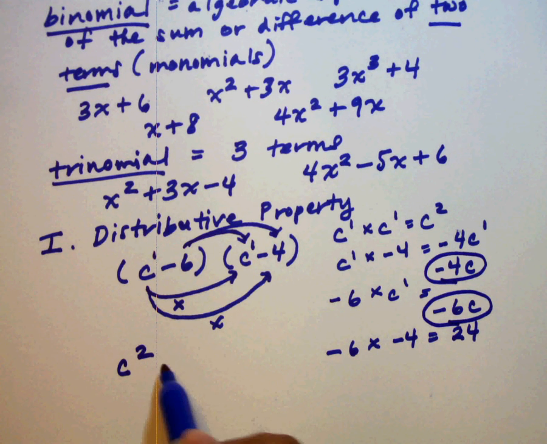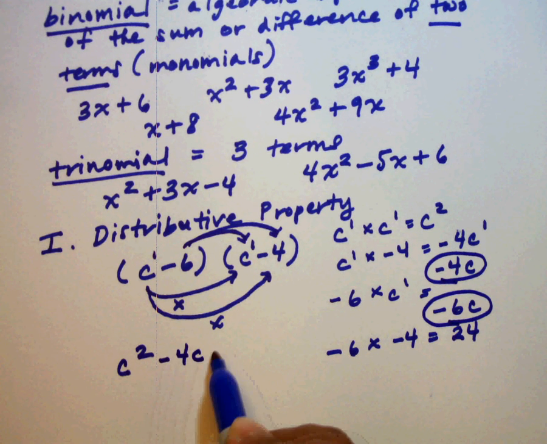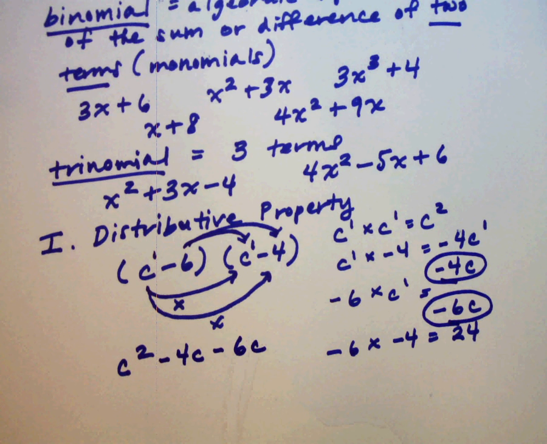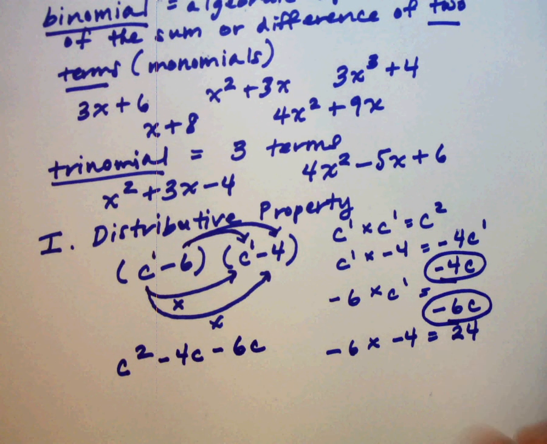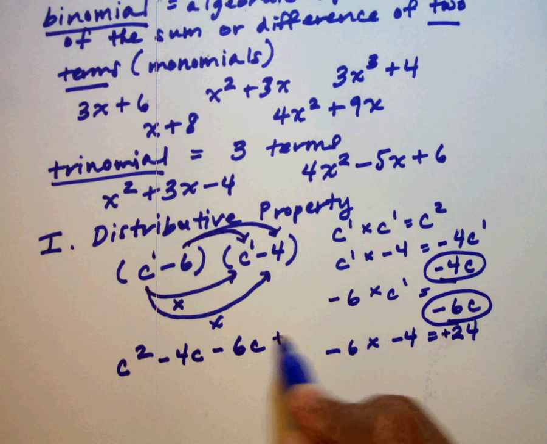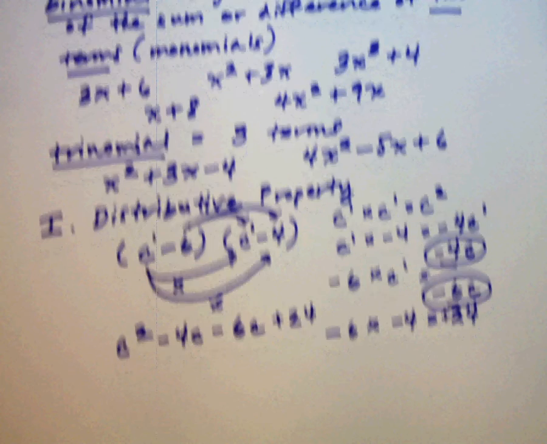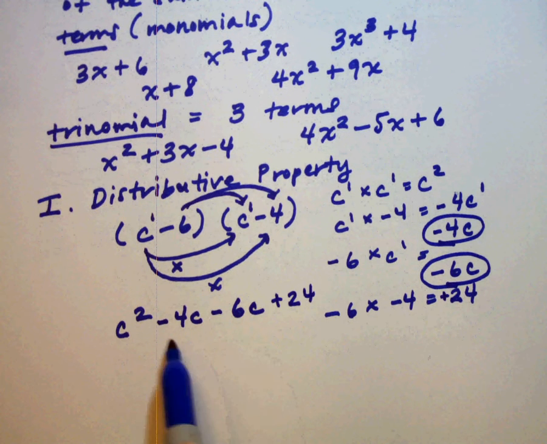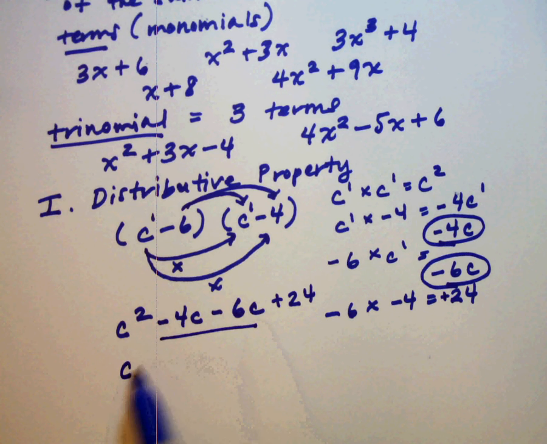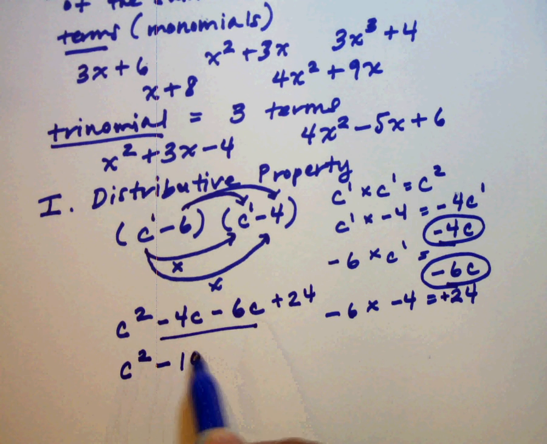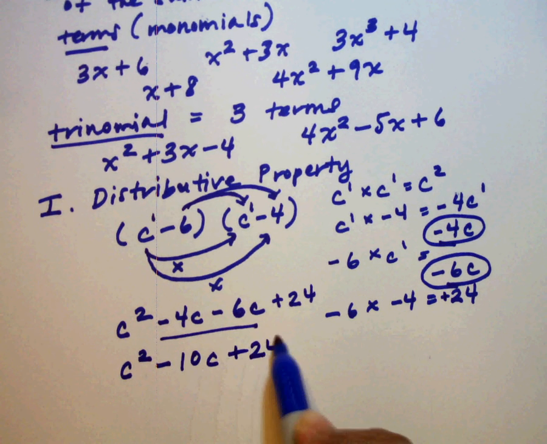So negative 4c minus 6c. And then 24, this is a positive 24, so I'm going to put plus 24 here. I combine like terms, so c squared minus 10c plus 24. And that is my answer.